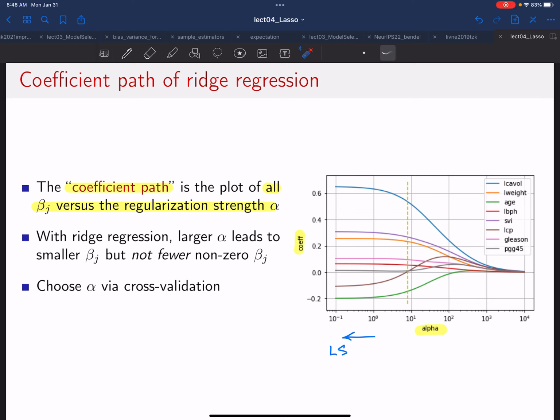Let's do lasso next. It's very similar in spirit. Remember that the only difference is we're changing the norm here. So we have an L1 norm. But as a result of that, there are several differences. The first difference is that there's no closed form expression for beta. This is something you have to solve using an optimization algorithm.